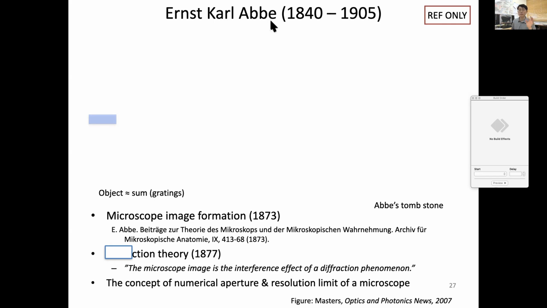Abbe was the person who first recognized, formulated and proposed a theory of image formation. So let me first describe, for those who may have done a physics experiment in middle school or high school, you remember you have a diffraction grating. What's interesting is it's a regular, periodic pattern.